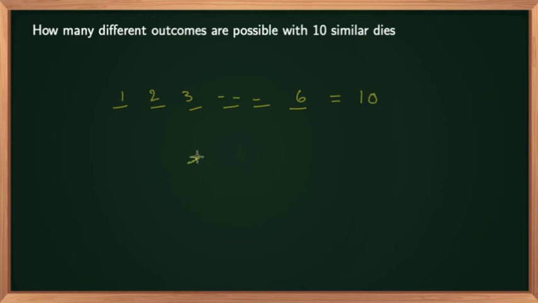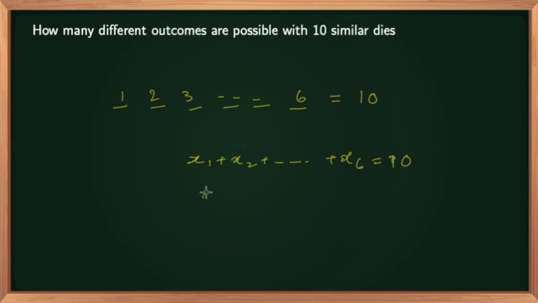Now that is equivalent to h1 plus h2 plus etc. plus h6 equal to 10, where h1 represents the number of ones which came out, h2 represents the number of twos which came out, etc., out of 10 tosses.